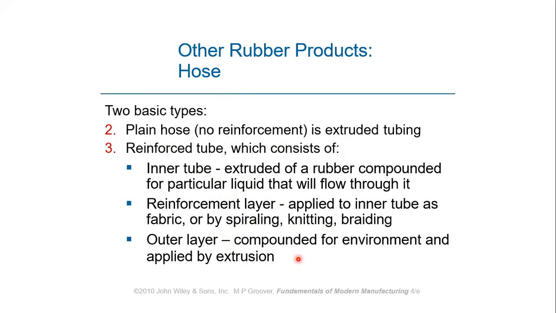It depends on the application, like which orientation you're going to use, whether you're going to use only the inner tube, or only the reinforced layer, or you are going to apply the outer layer too. It depends on the application of the hose.